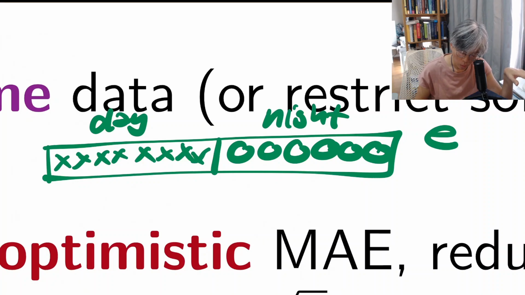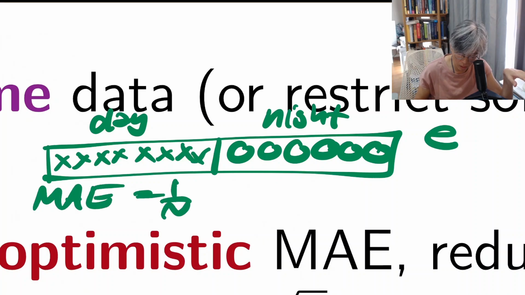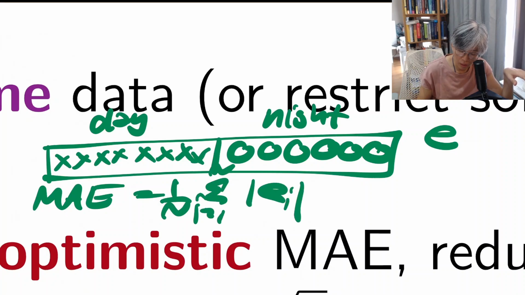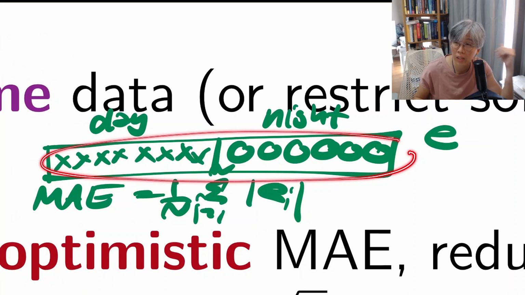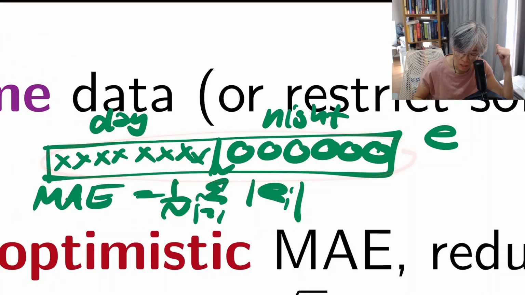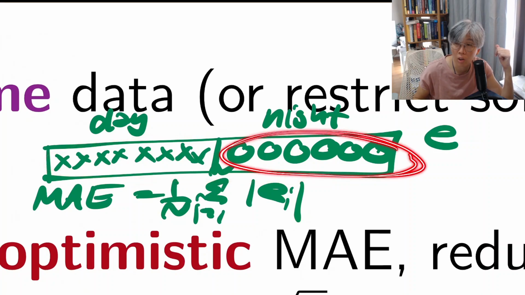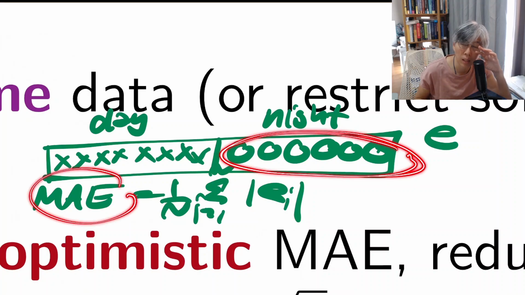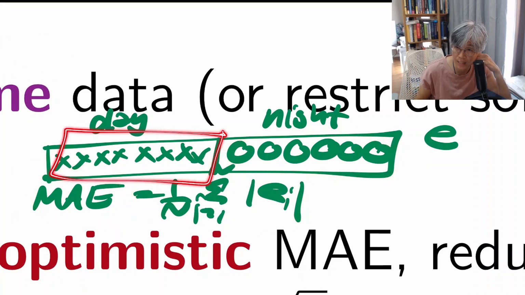So that means when you compute MAE, which is 1 over n, for example, when half of the error is zero, if you calculate MAE by using all data, it averages out, half of them based on zero. So your MAE is going to be lower than using only the daytime in computing MAE.